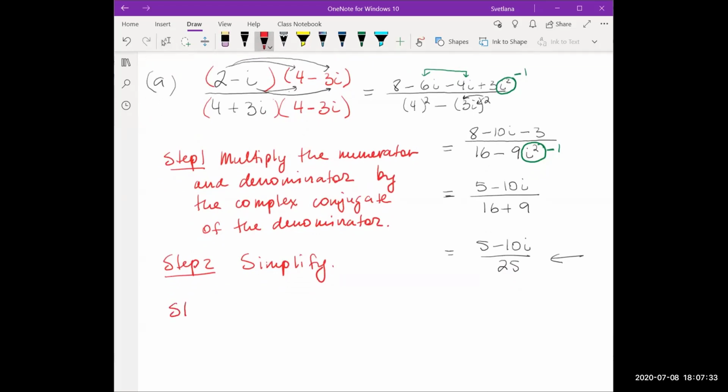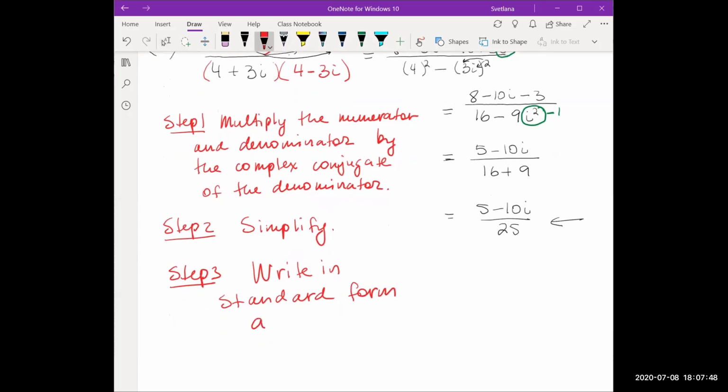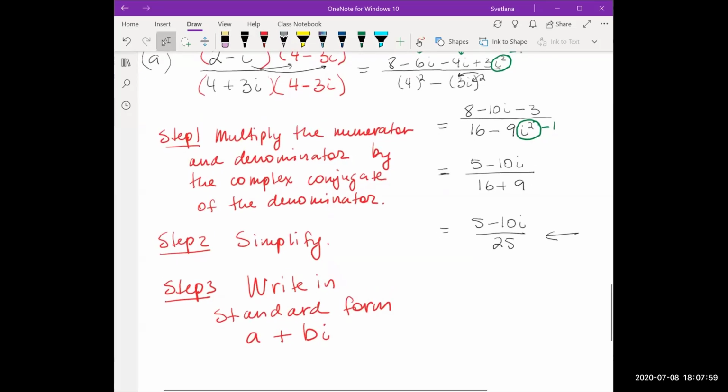I'll say step 3, write in standard form, which is a plus bi. That's the form I want to have. I want to have just two separate terms, and that's a real part and an imaginary part. How do we do that? Well, this is what we'll do. We'll take this denominator 25 and apply it to every term on the top.